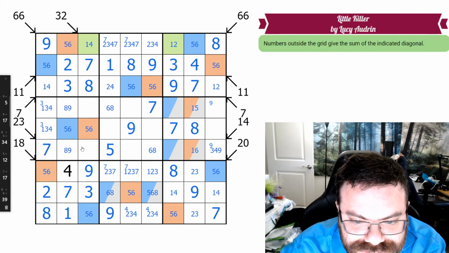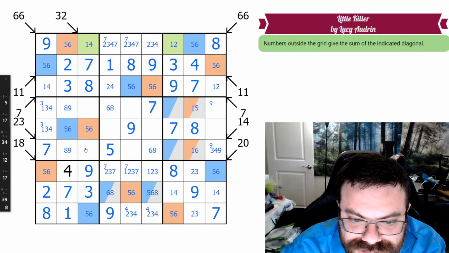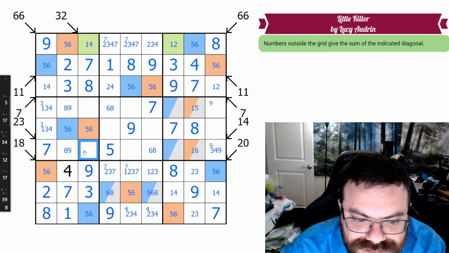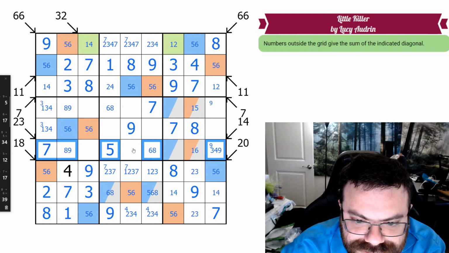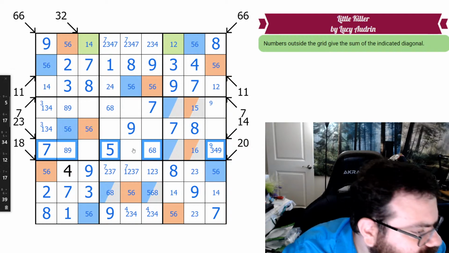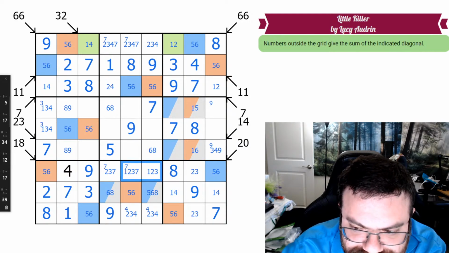Row 7 has only 2 places for 1. Does it? Okay, where can 1 go in row 7? It can't go here, here, here, just by my pencil marks. Could go there. Could go there. I'm looking at row 6. Let's look at row 7 instead. 1 is limited to these 2.